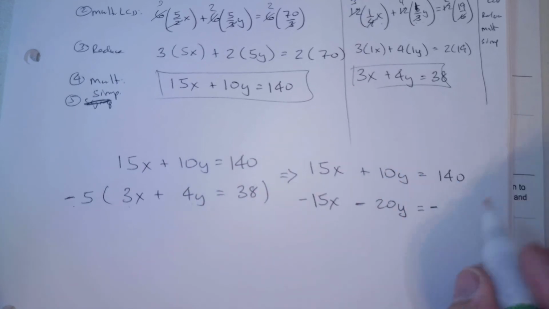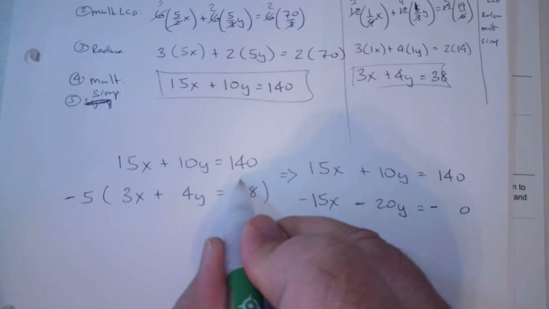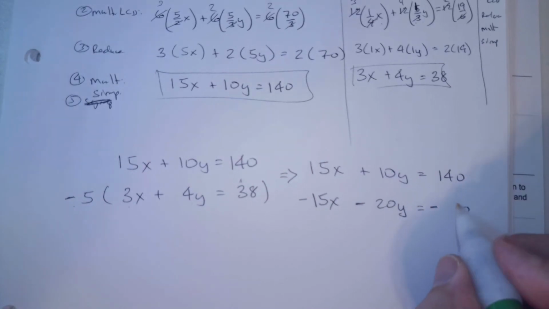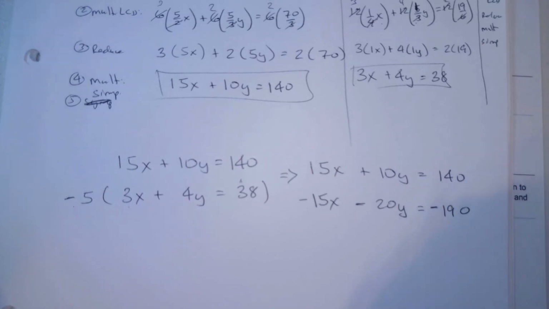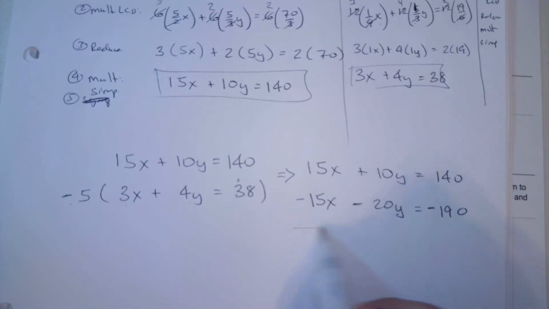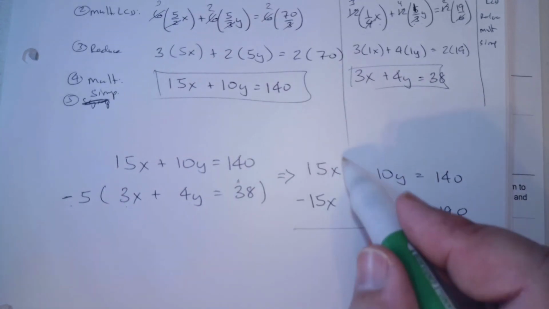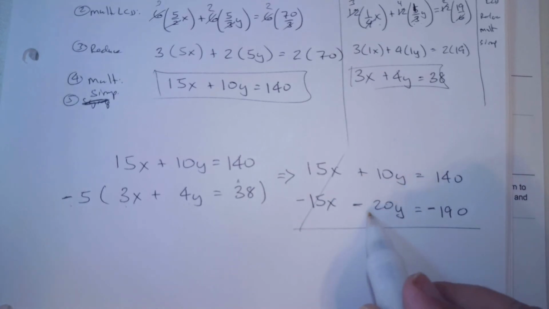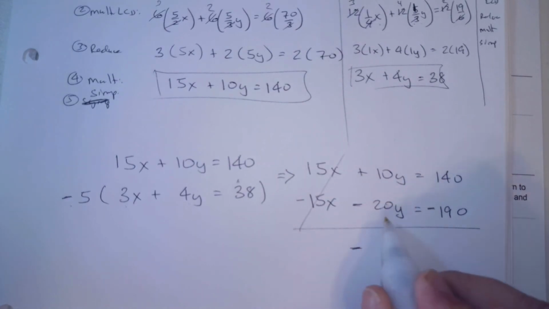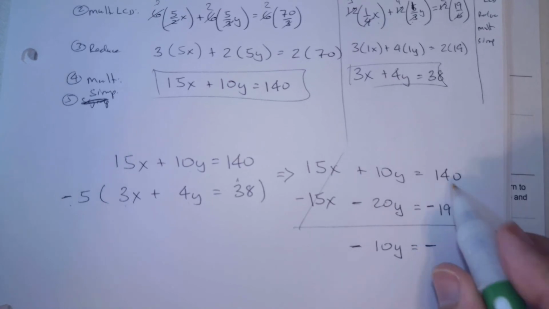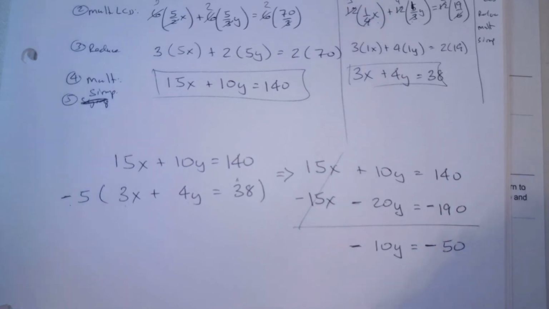So 5 times 8 is 40, 5 times 3 is 15, plus 4 is 190. Add those two equations. The 15's cancel. 20 is bigger than 10, so it's negative, 20 minus 10 is 10. 190 is bigger than 40, so it's negative, 190 minus 140 is 50.